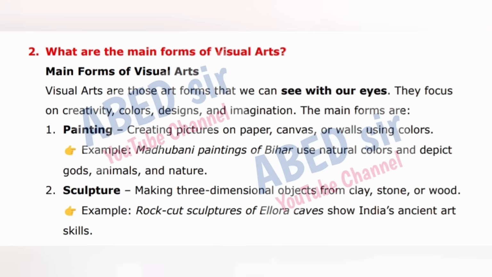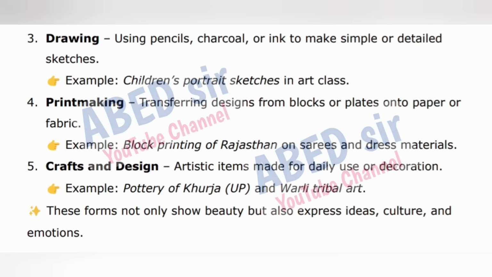2. Sculpture, making three-dimensional objects from clay, stone, or wood. Example, rock-cut sculptures of Ellora caves show India's ancient art skills. 3. Drawing, using pencils, charcoal, or ink to make simple or detailed sketches. Example, children's portrait sketches in art class. 4.